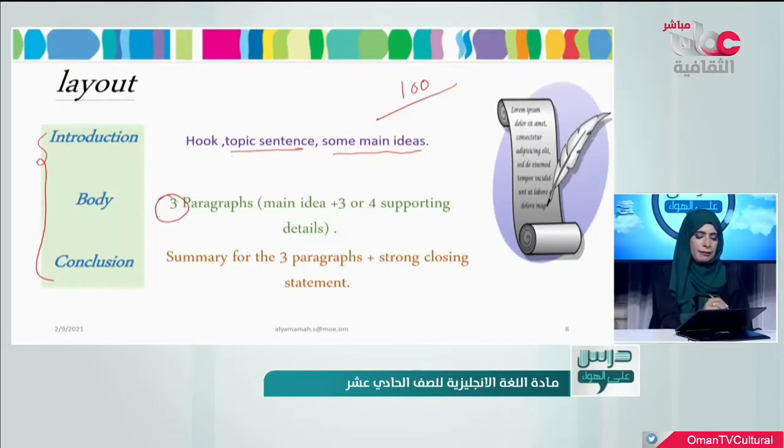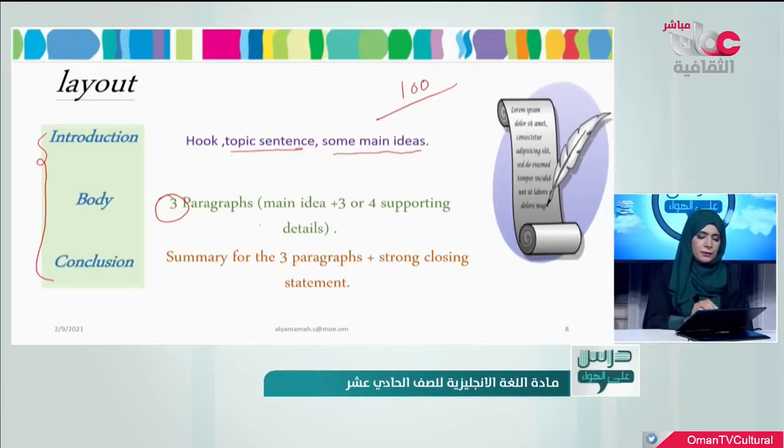Because if we increase the paragraphs, we will need different details, or might need additional knowledge or facts that might not be covered by a student or not in your hands.